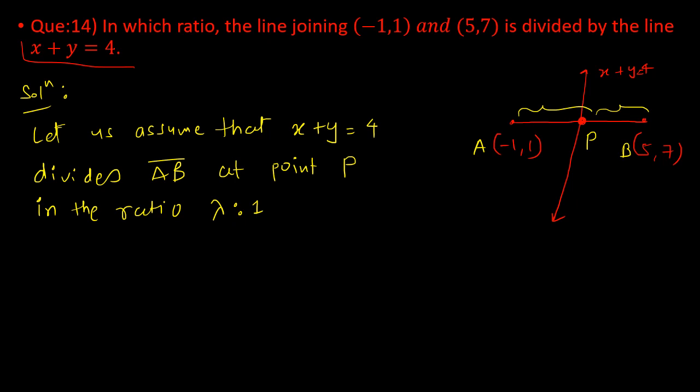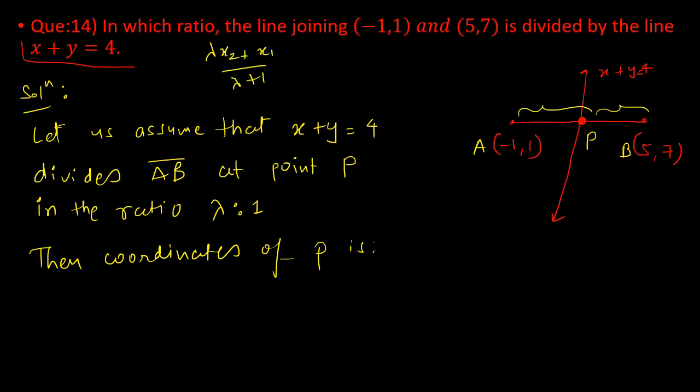Then the coordinates of P are, you know the formula, right? Lambda x2 plus x1 upon lambda plus 1 comma lambda y2 plus y1 upon lambda plus 1.